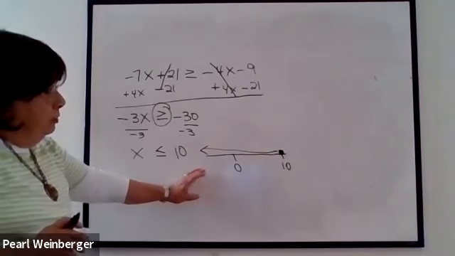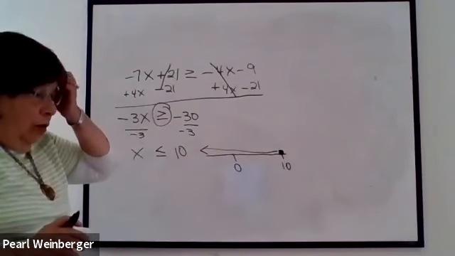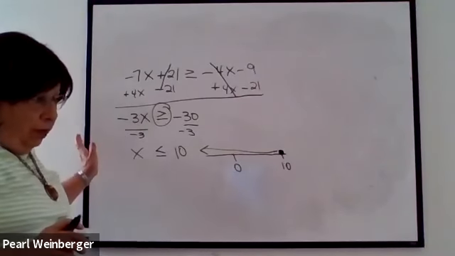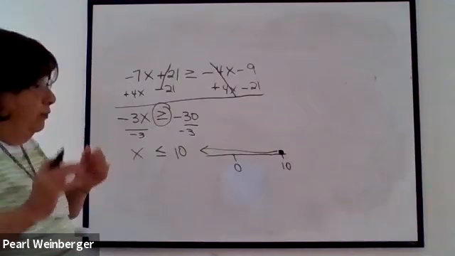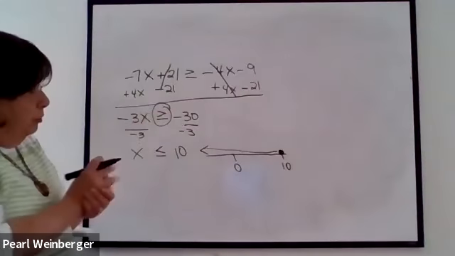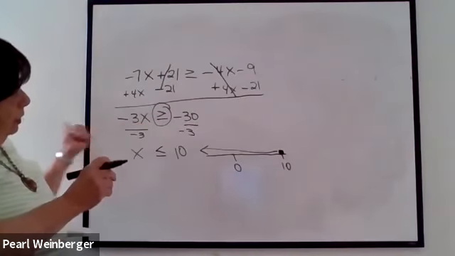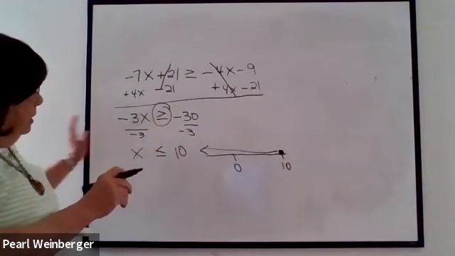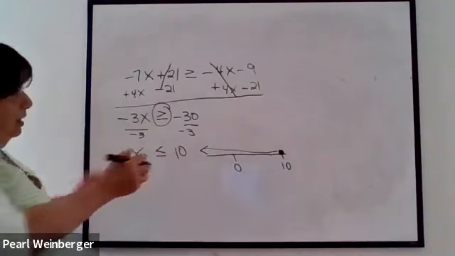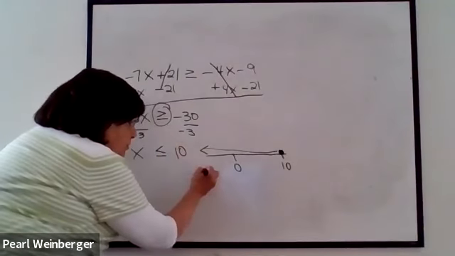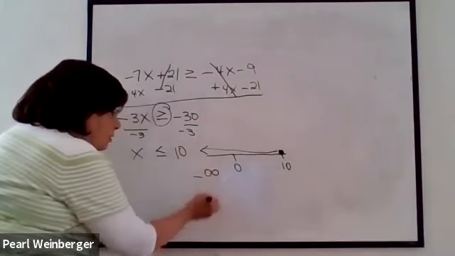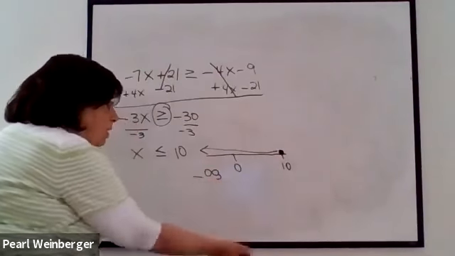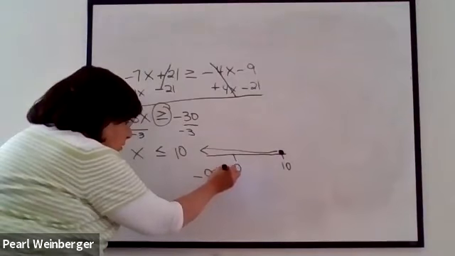In interval notation, what we need to do is put the number that's all the way at the left on the left side of the interval, the number on the right, all the way on the right. Now the arrow is pointing all the way to the left. So the beginning of the interval, which is on the left side, is all the way over here, which is negative infinity. The end of the interval is the point that's on the right, which happens to be the 10.